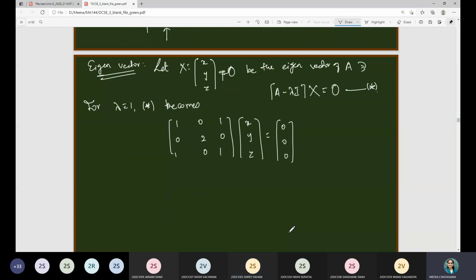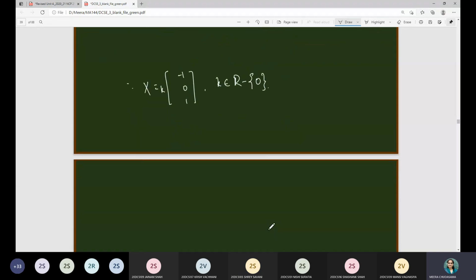Yes. -1, 0, 1. -1, 0, 1 corresponds to lambda is equal to 1, no? Yes. What about lambda is equal to 3?